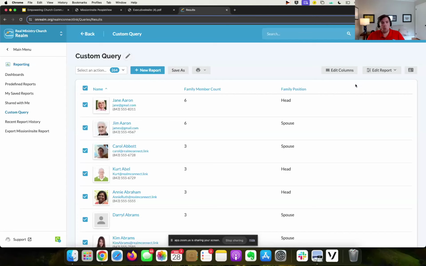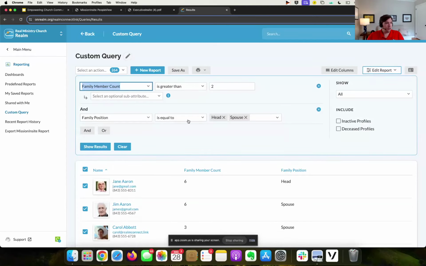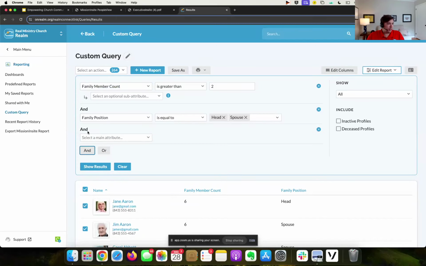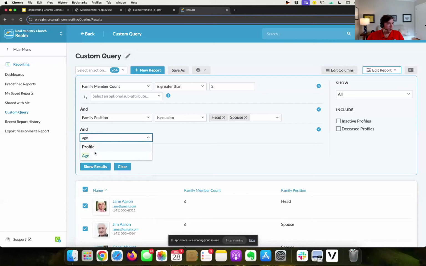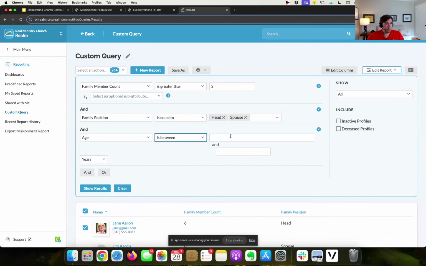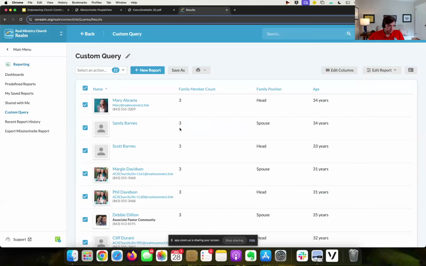So let's go in and make one adjustment to this search. I'm going to add a criteria in here. Not only do I want parents, but I want parents that are between the ages of 31 and 35. Show me my results. My number up here went from 264 to 22.